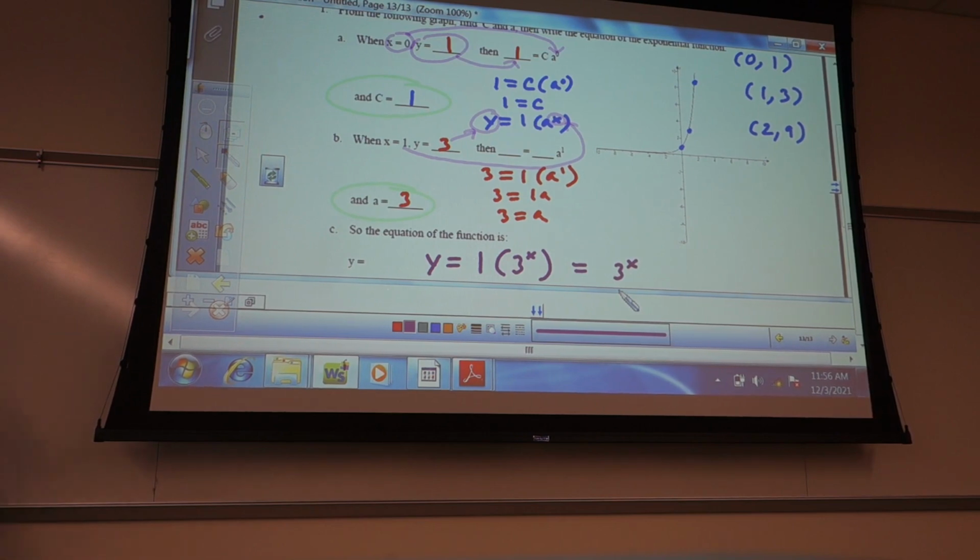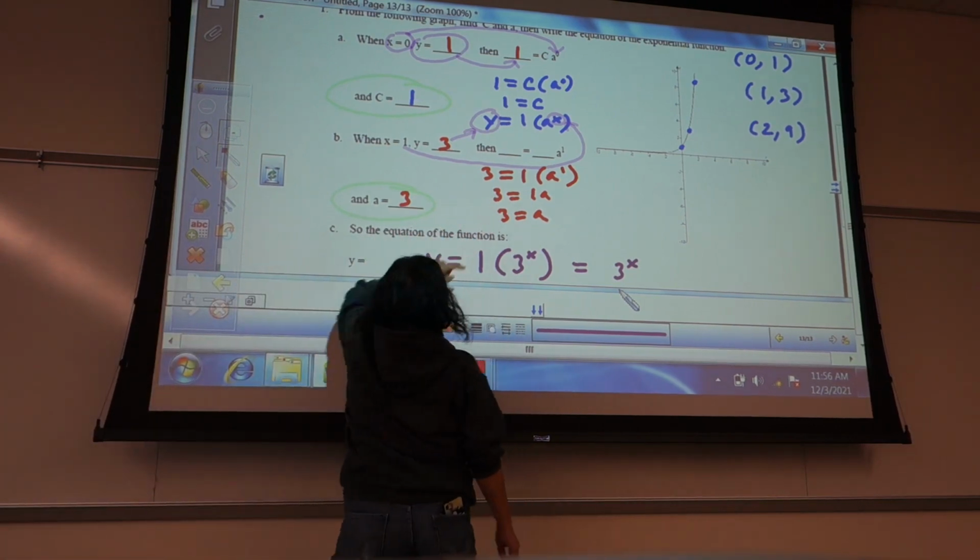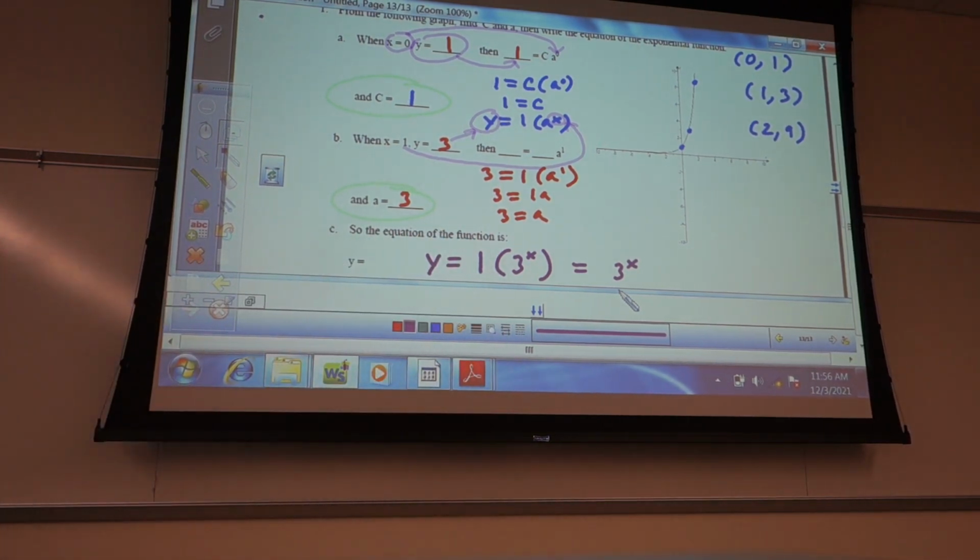So that's 3 equals 1 times a to the 1. I just wrote it down below. I thought that'd be easier.